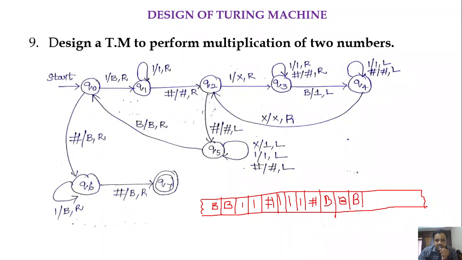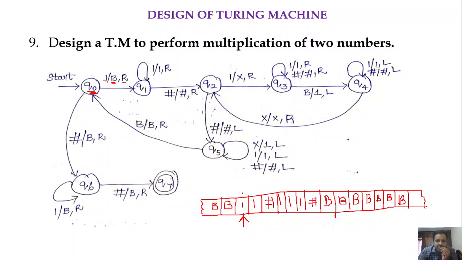So if you see this diagram, we are starting with the starting state q naught, and the head will be pointing to the first one which is there in m. So in Q naught, if we get a 1, we replace that 1 with a blank and move the head towards right.